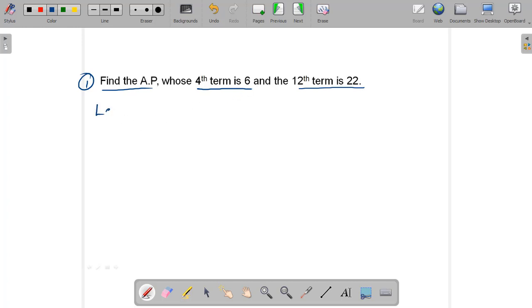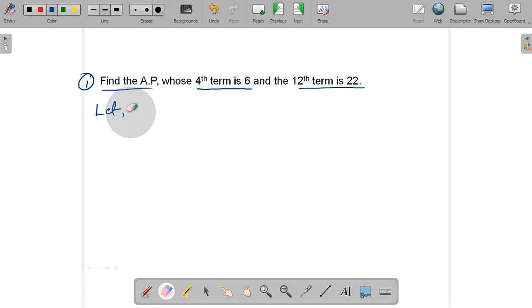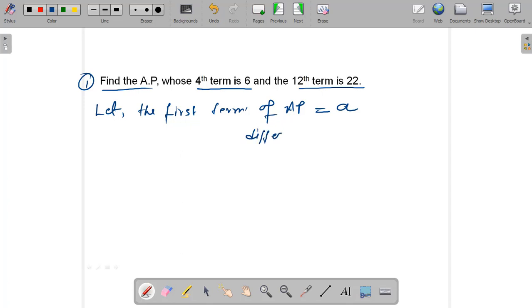First, let the first term of the AP be equal to a, and the difference equal to d.